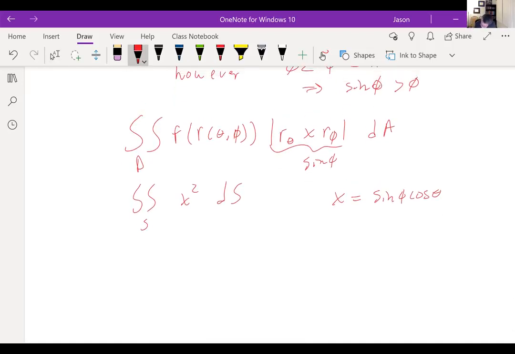Now this thing's squared, so x squared would be sine squared phi cosine squared theta. But we've got an extra sine phi, and then d phi d theta. And phi goes from 0 to pi, and theta goes from 0 to 2 pi.